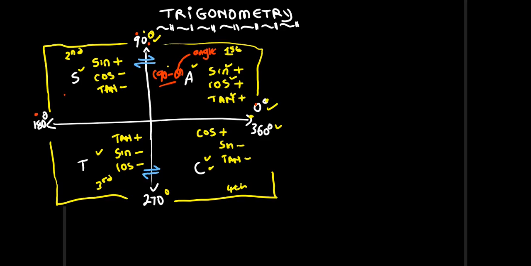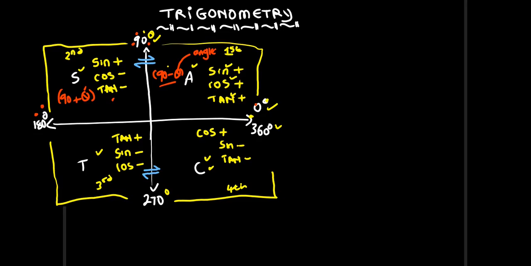For me to be in this second quadrant, I'll have to have 90 plus theta. If my theta is 10, I'm going to have 90 plus 10, which is 100, between 90 and 180.